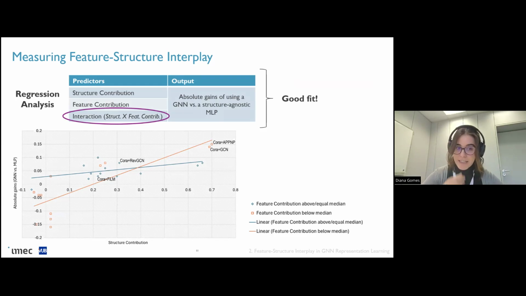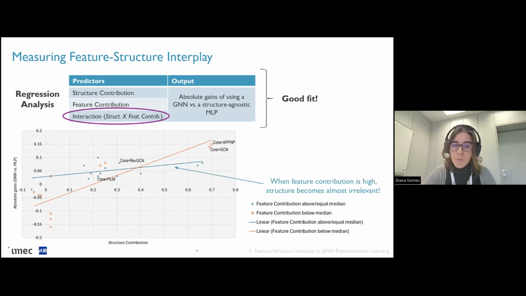In this plot, what is plotted is essentially the ground truth, so these absolute gains, versus the structure contribution. And the feature contribution, we divided essentially in two groups: a group where it is above or equal to the median and a group where it is below. These can be immediately thought of as problems with a good feature component or problems with a bad fit or very noisy feature component.